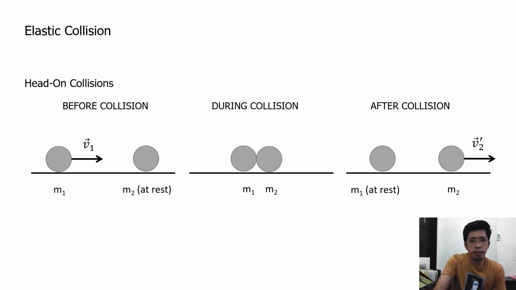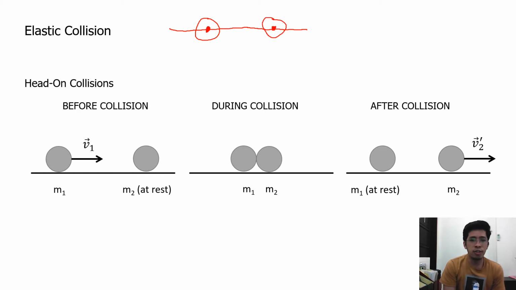For example, if you have a ball with its center of mass here, and another ball with its center of mass here, and in their collision the two centers of mass align, you call this a head-on collision. So we have here a head-on collision for an elastic collision.